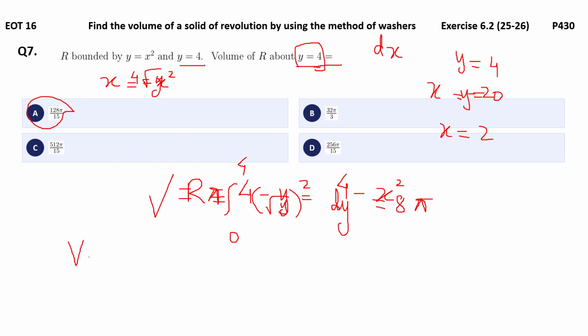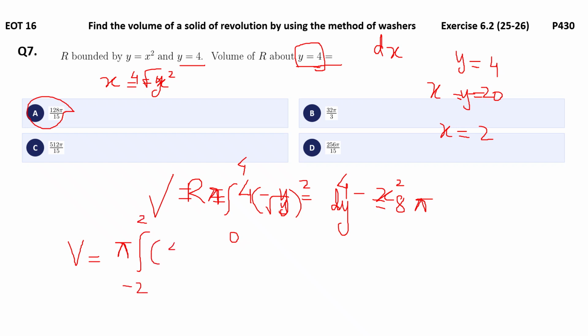Now volume becomes, even when you visualize by drawing, you will identify that there is no extra gap formed as a washer. That's why we proceed finding volume with one single radius. Negative 2 to 2.